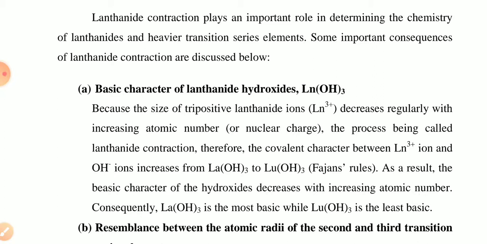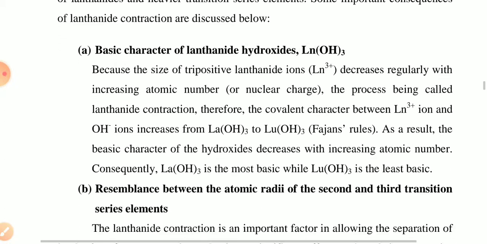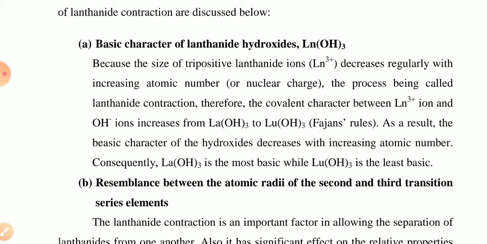Therefore, the covalent character between the lanthanide 3+ ion and the OH- ion increases from the first to the last lanthanide. So as a result, the basic character of the hydroxide decreases with the increase of atomic number.